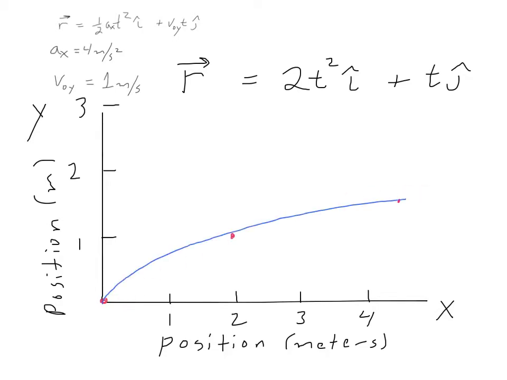So notice as time goes on, this object starts out here at 0, then 1 second later it's here on this actual position on the xy plane, and 1.5 seconds later it's here. So between 0 and 1.5 seconds the object has moved like that, about that fast, maybe a little faster.